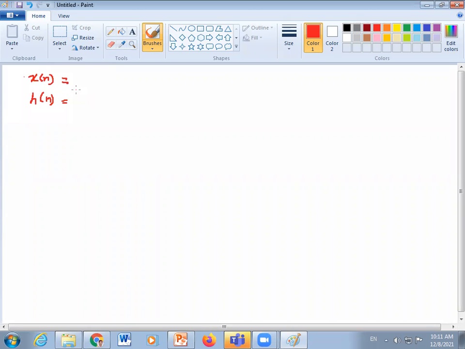Compute y of n using the overlap add method first, and second using the overlap save method.